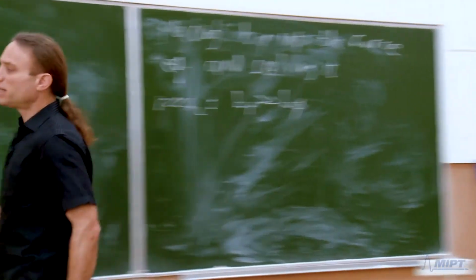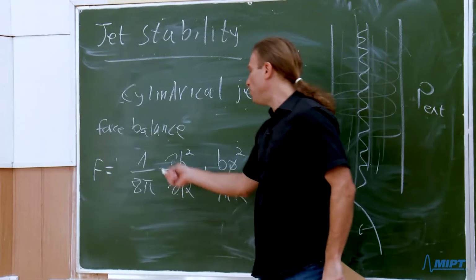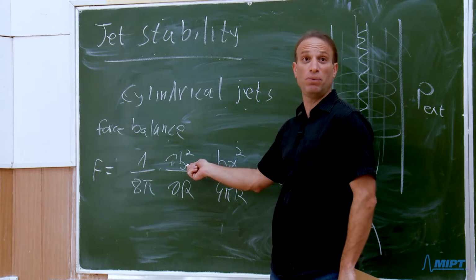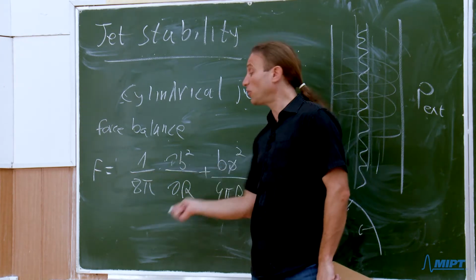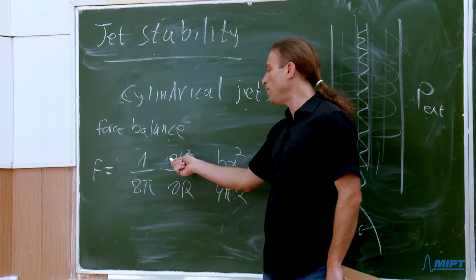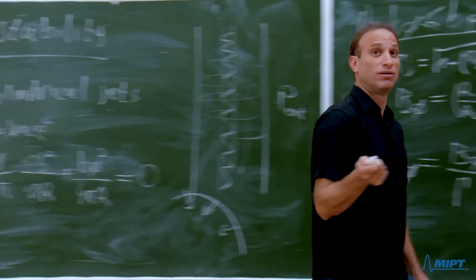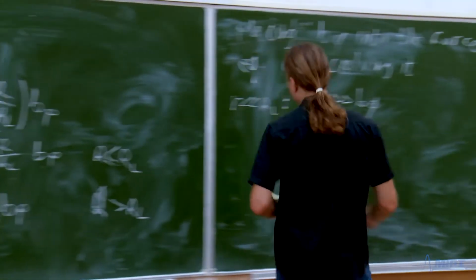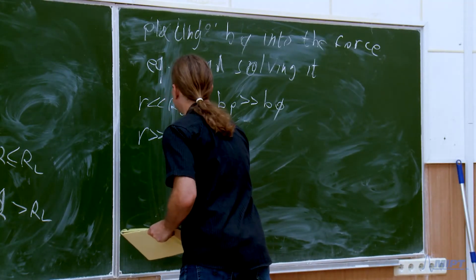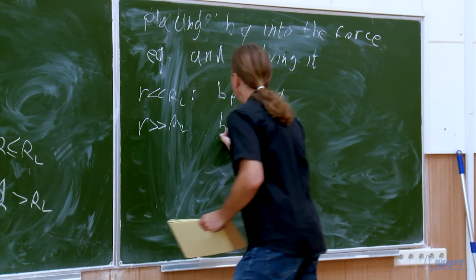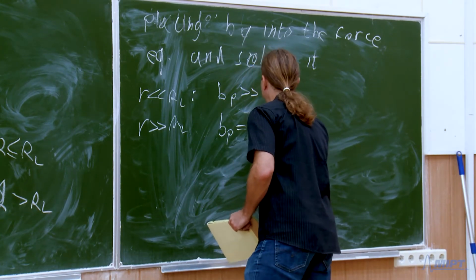And when B phi is 0, all I am left with is dBP to dr equal to 0, which means that BP is constant. Okay? And in the limit where r is much larger than RL, I have BP equal to B phi.